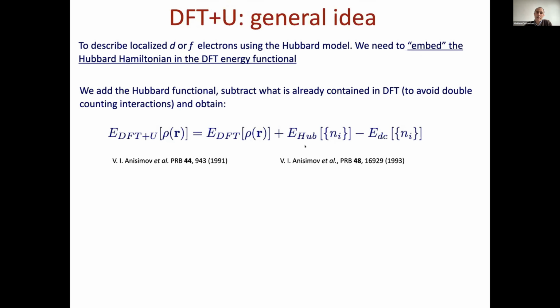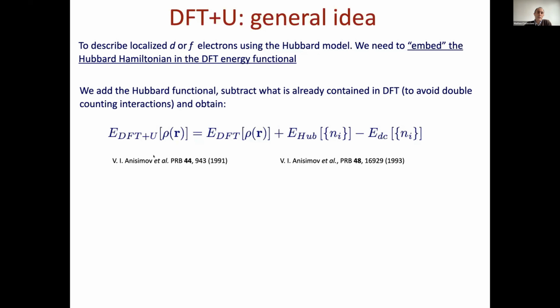And we add a so-called Hubbard representation of the Hubbard energy as a function of these occupation numbers. And we take off some terms that supposedly capture how much of that correlation is already contained in the approximate exchange correlation functional, so as to avoid so-called double counting problems.